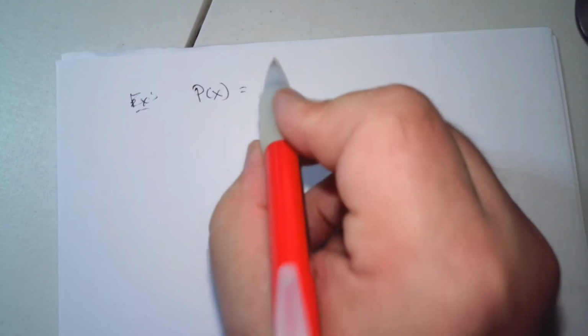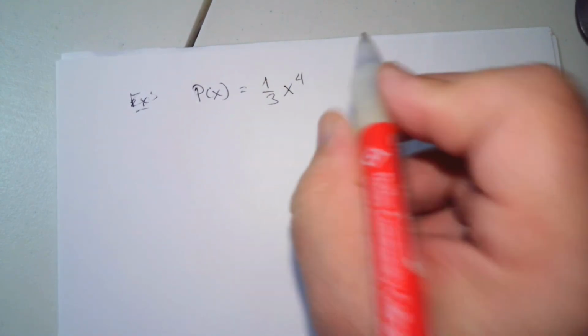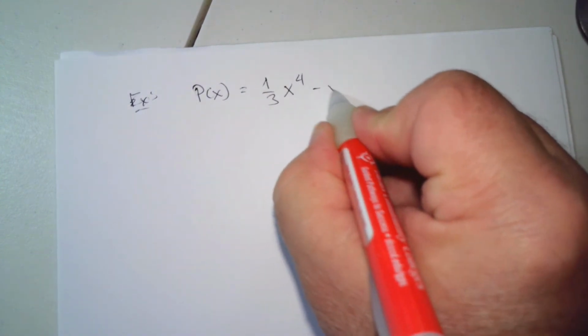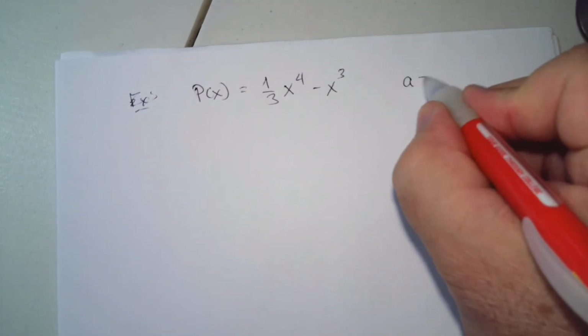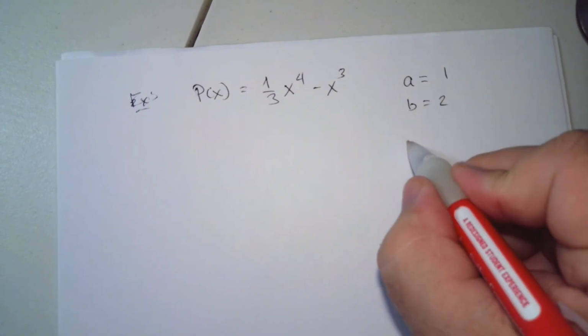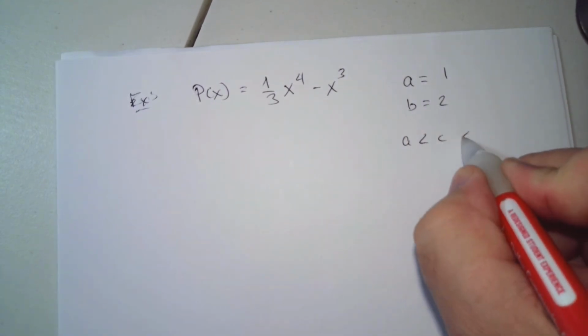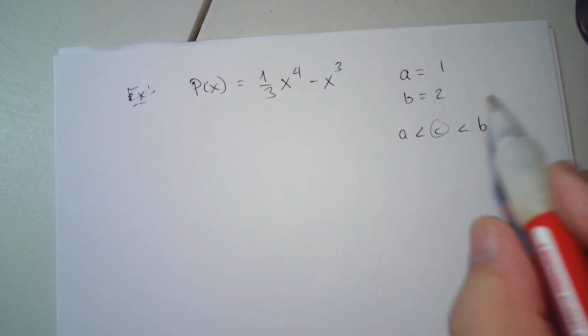Let's look at another example. One-third x to the 4th minus x cubed. I'm saying that A equals 1 and B equals 2. Remember, I'm looking for some value C between those two, if this is possible.